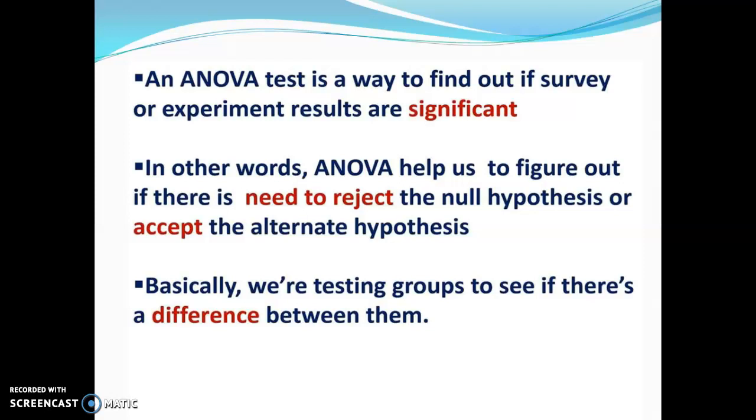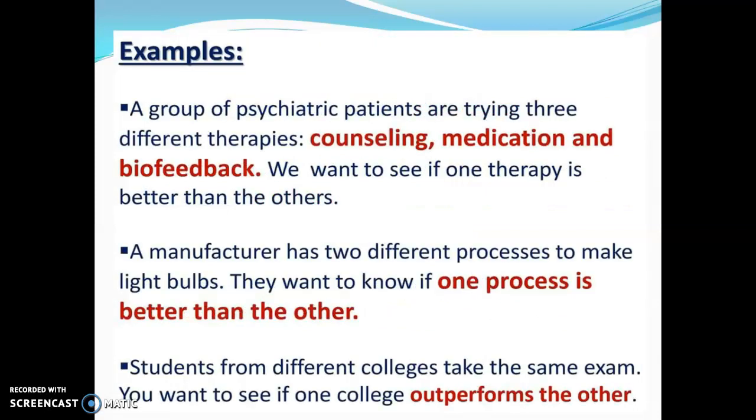Basically, we are testing groups to see if there is a difference between them. For example, a manufacturer has two different processes to make light bulbs. They want to know if one process is better than the other.